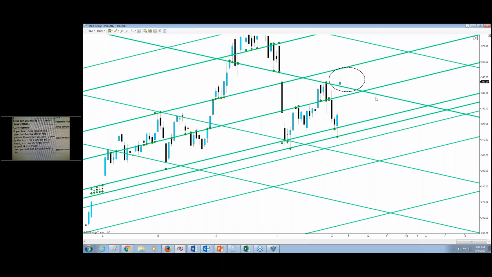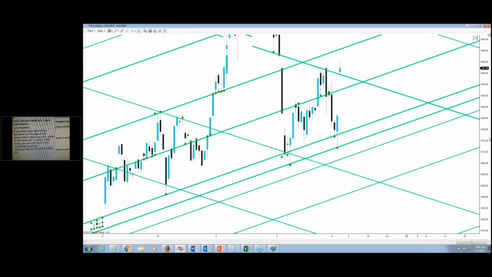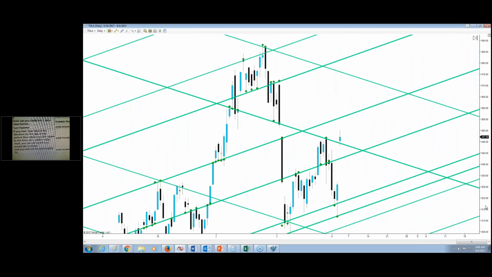It's above that support line, that's right. So this tells me that there's a very bullish behavior pattern right now. But it more importantly tells me where support is along those lines.